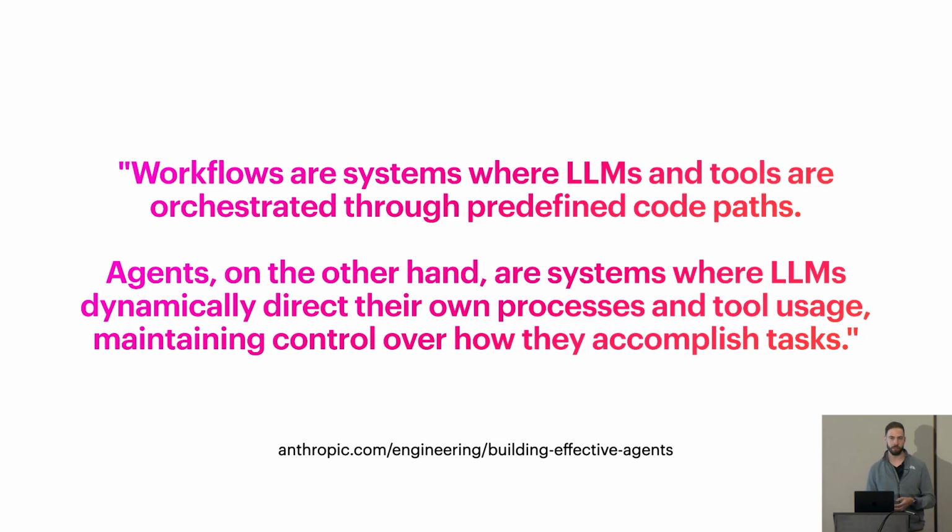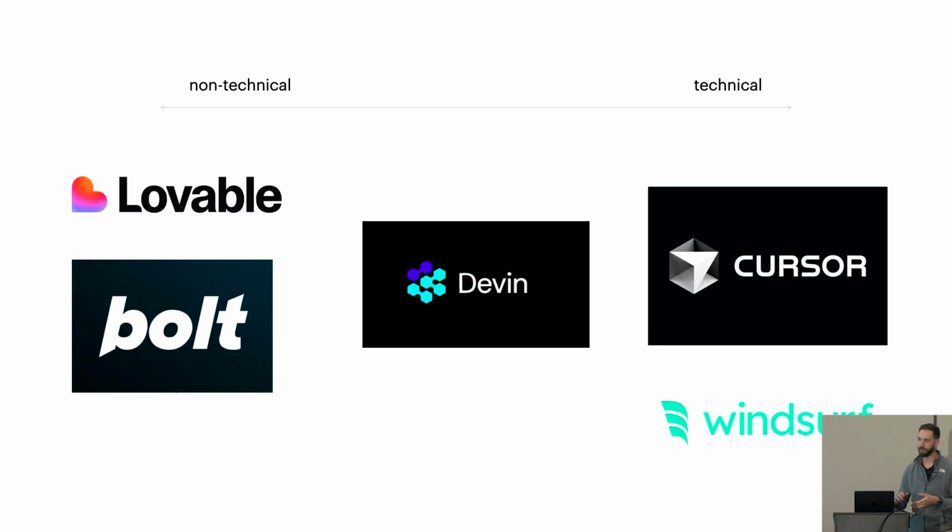As I mentioned earlier, there are a lot of agentic products out there. If we look at the more technical products, or products that are geared towards developers or help us develop, we can start from the left side, where we have products meant for non-technical people, like Lovable and Bolt, which allow non-technical people to write code.